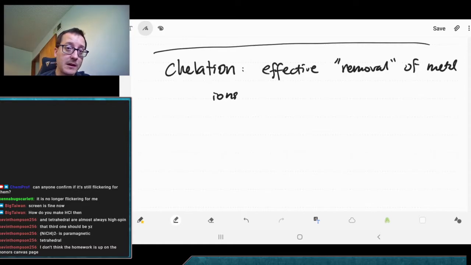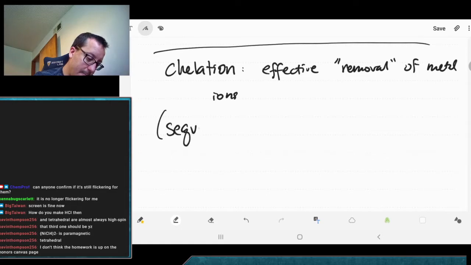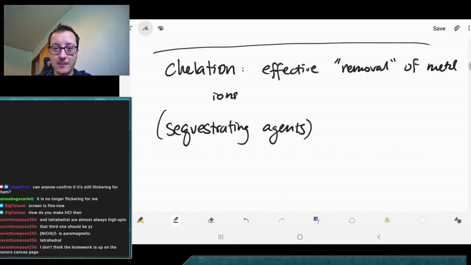This is often very important in biology, where you'll have metal ions that you need for certain things, but otherwise they might react with things around them, so you have to keep them separate. So you'll also see these as sequestrating agents. Sequester means to bottle up, keep it in one place where it can't go and do stuff.